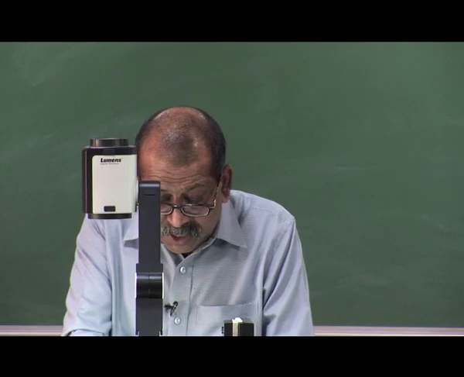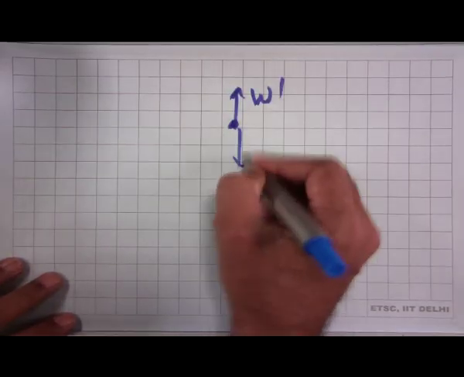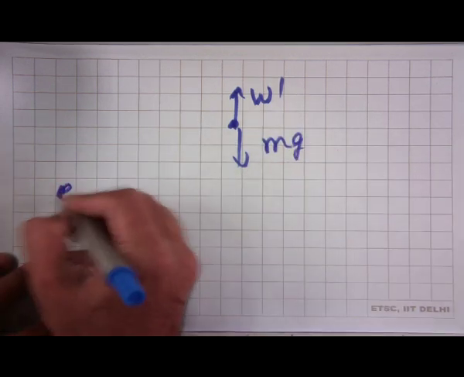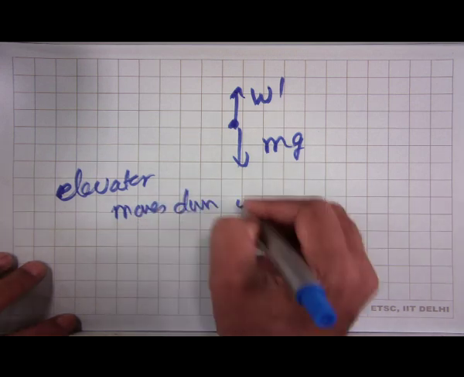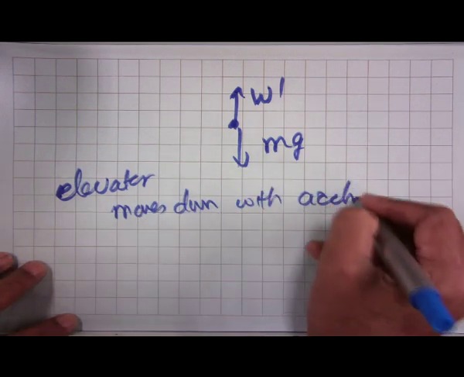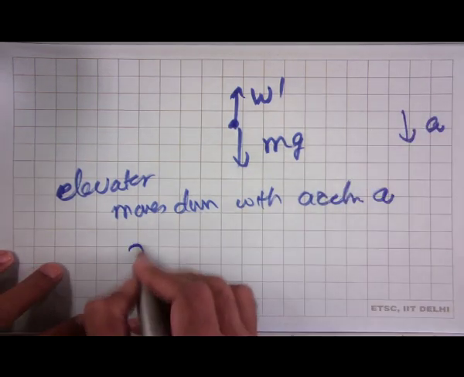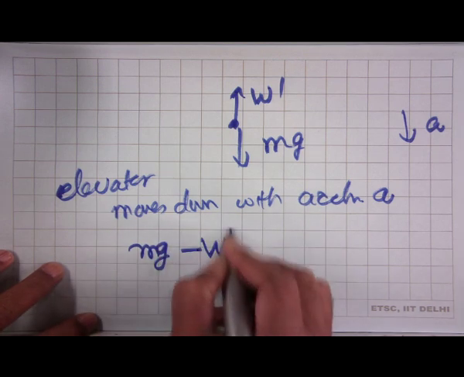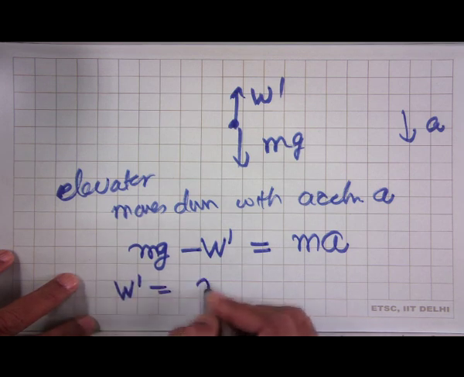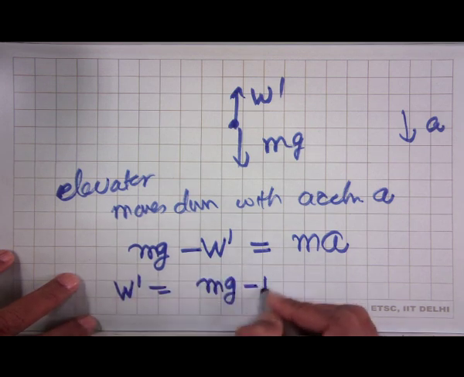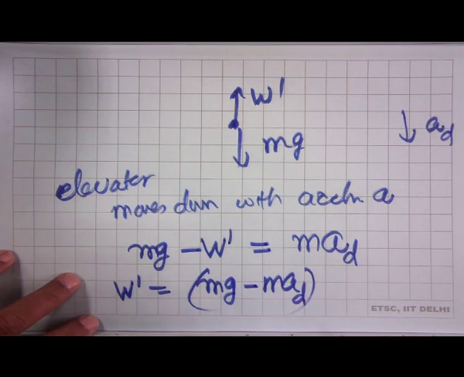So, if the elevator is accelerating upwards, it looks as if the person has got some extra weight. And when we take the other case, once again we have W prime, we have mg, and if the elevator moves down with acceleration a, then mg minus W prime is equal to m times a, and W prime will be equal to mg minus ma, where I use the subscript d to show that it is downwards.